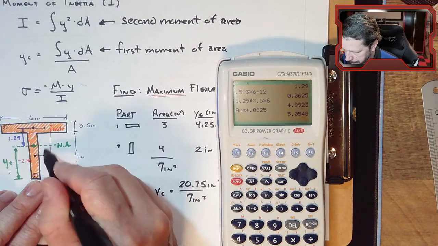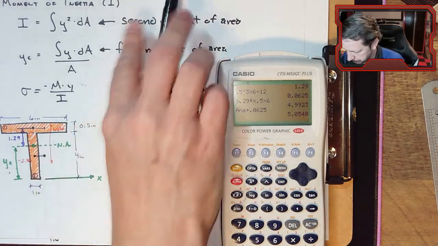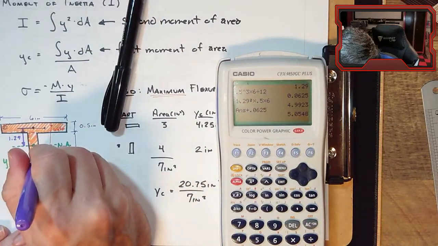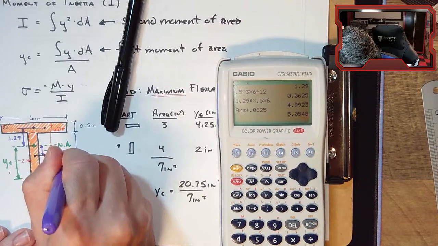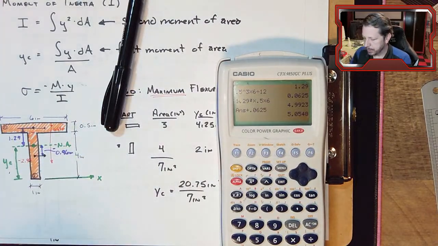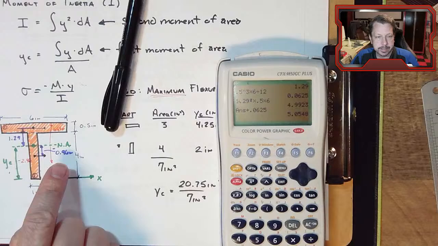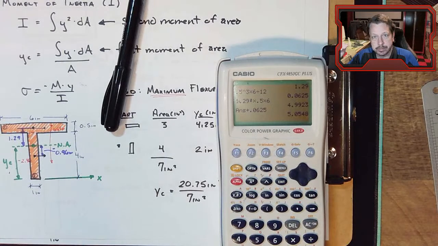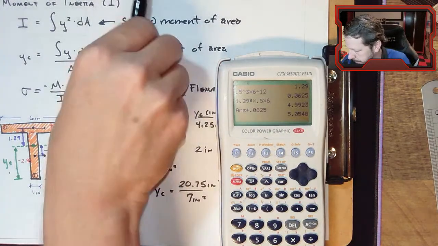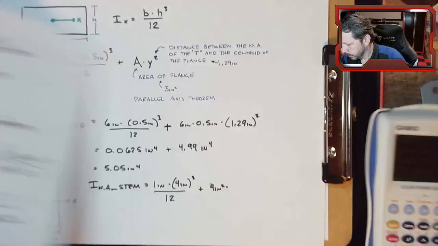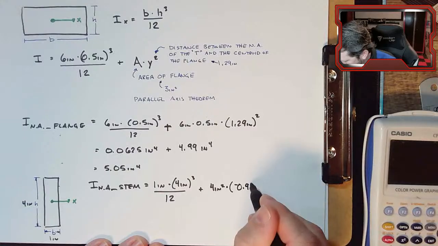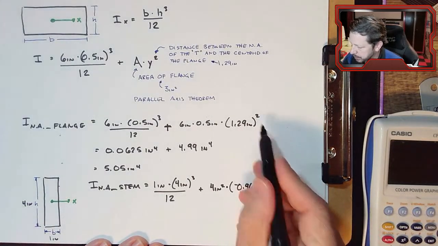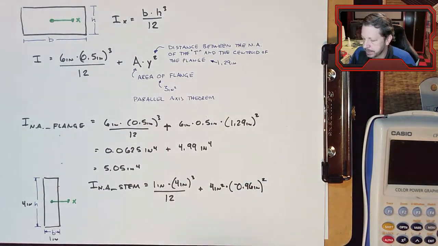So this is just 0.96 inches right here. Technically it's negative because the neutral axis is our reference point and we're measuring downward. But like I said, we square that anyway, so the negative sign becomes positive.